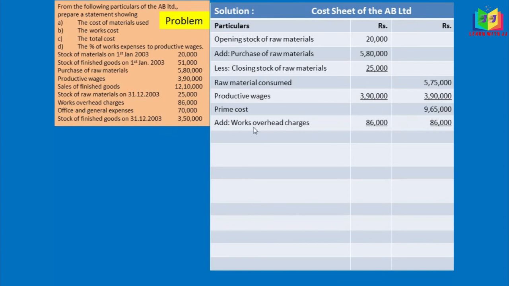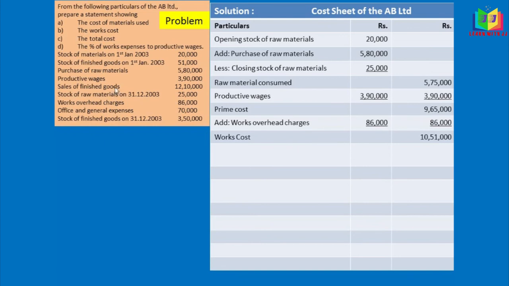In some problems the list of overheads will be given, what all expenses will come under factory overhead, so we have to write those. In this, it is commonly given, that is works overhead charges is 86,000, so we have to add it, and we will arrive at works cost.